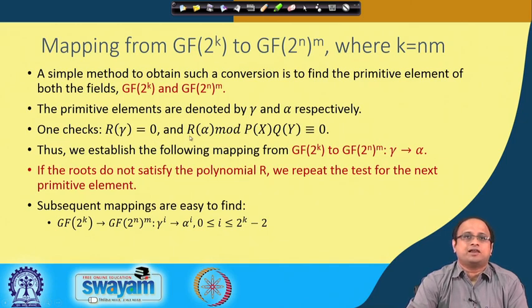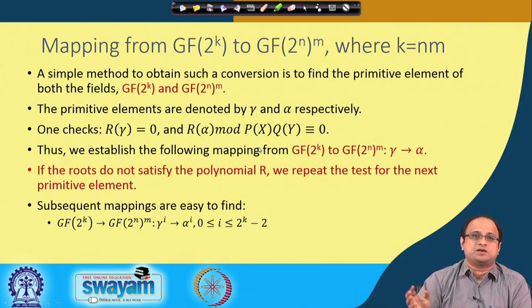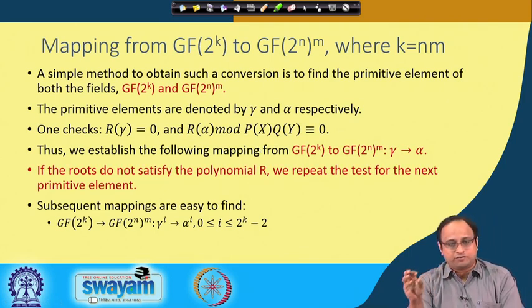And R(alpha), that means this element where I am mapping gamma to alpha. If I plug alpha into R, I have to do a modulo in the target field. If you remember in the example, I was doing modulo f2.